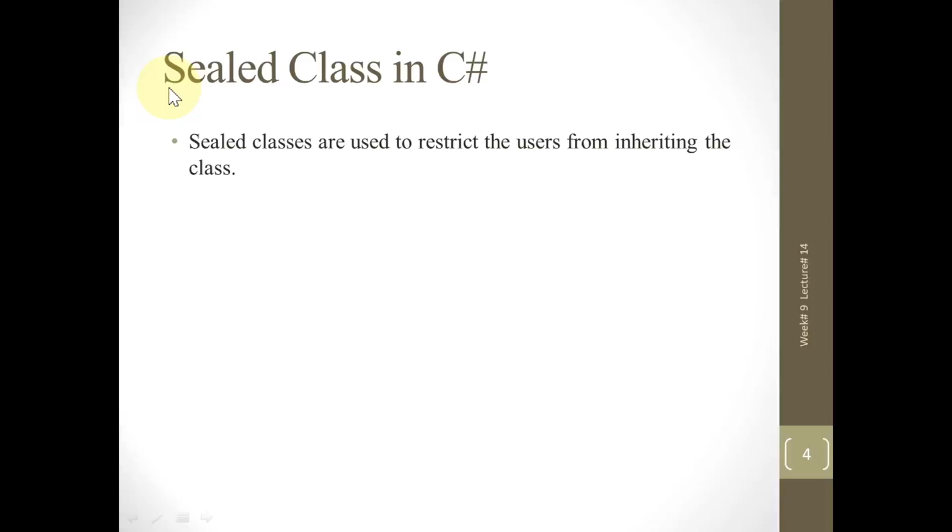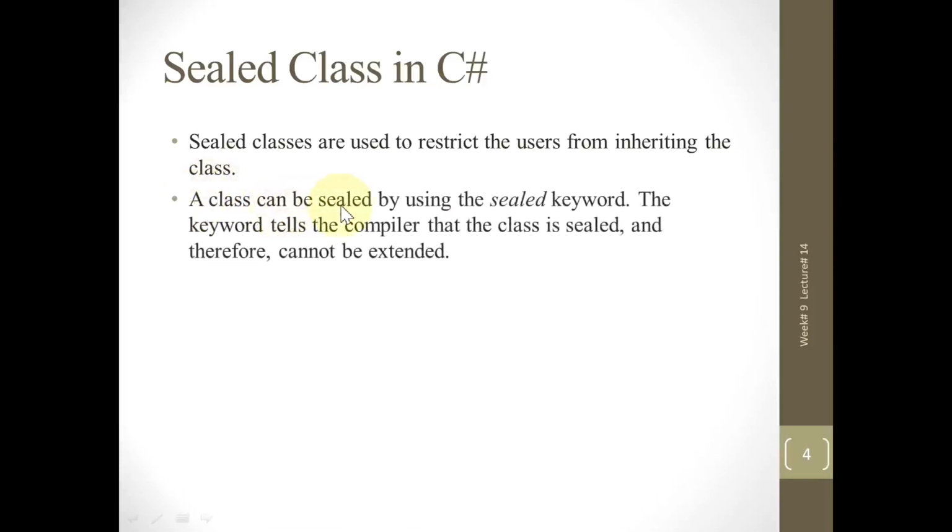Sealed classes are used to restrict the user from inheriting the class. A class can be sealed by using the keyword sealed. The keyword tells the compiler that the class is sealed and therefore cannot be extended.